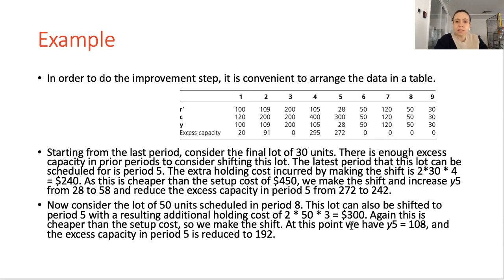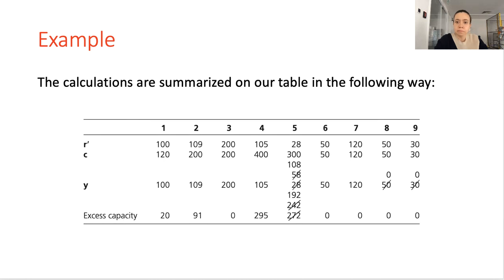And since this is less than the setup cost of $450, it would be better to remove this plan in week 8 and shift this plan to week 5. And this is the updated table. I update the amount of production in week 5, and also I update the excess capacity in week 5.